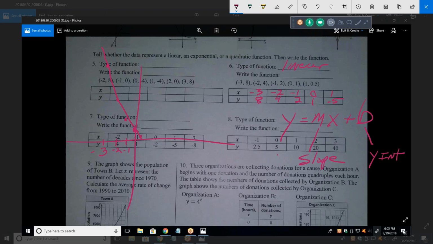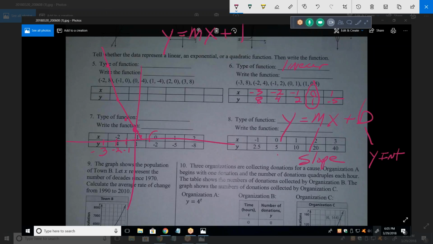When X is 0, yes, Y is 1. Sorry, I got on the wrong table for a moment. So now we know Y equals some slope that we haven't calculated yet, plus 1. Now, if we can solve for M, we'll have the equation.